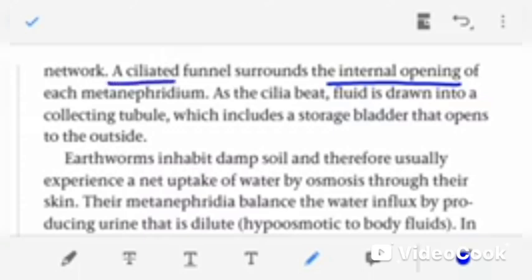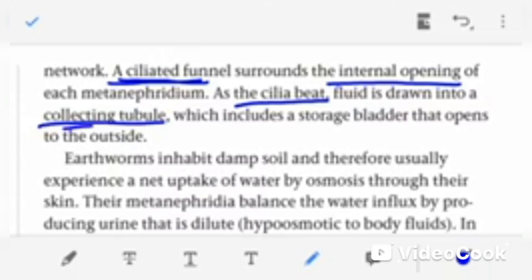So when the coelomic fluid enters the nephrostome, as the cilia are beating, the fluid is drawn in, filtered, and enters the metanephridia, into the collecting tubule.